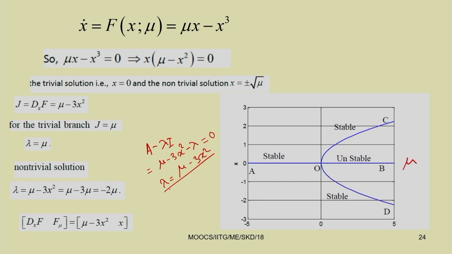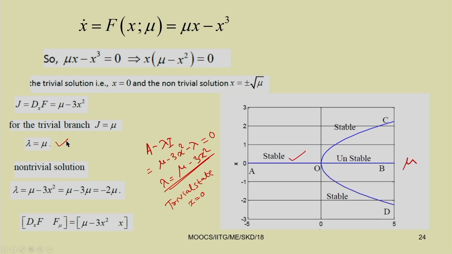For the trivial state, x equals 0, so lambda equals mu.